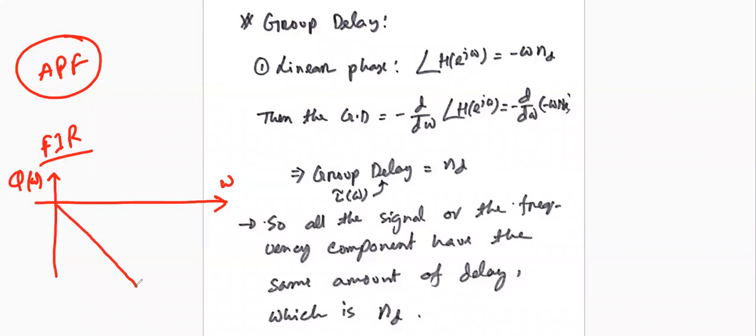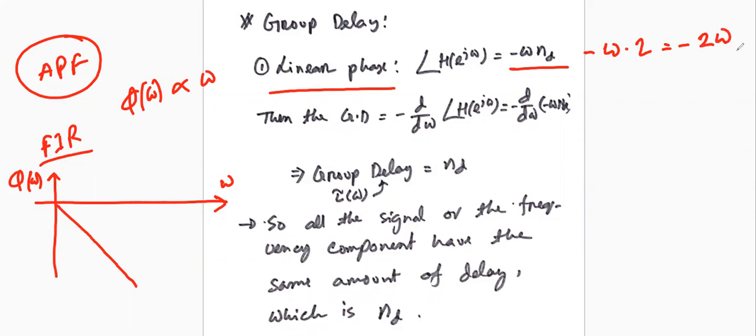That means the phase response is directly proportional to omega. For the linear phase, let's say it is minus 2 omega. That is a linear phase response, where as omega increases, the phase value also changes linearly.